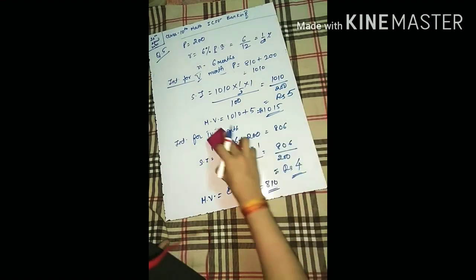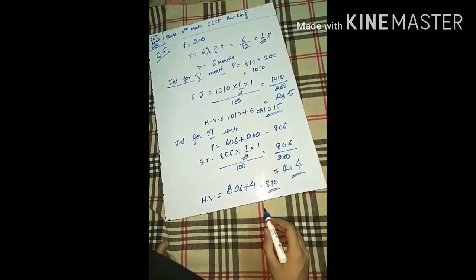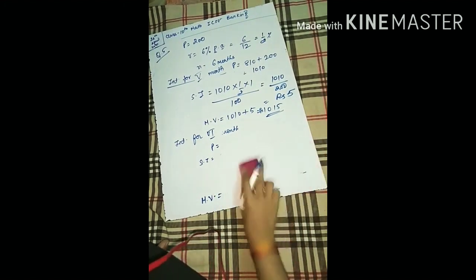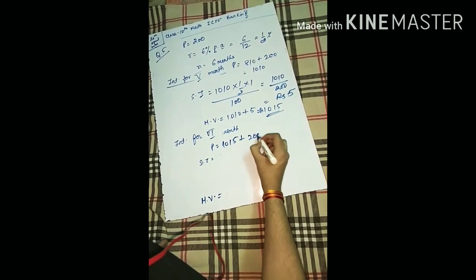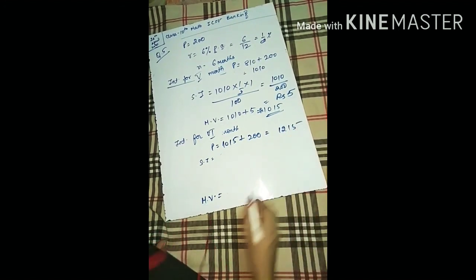Okay, now the last, sixth month. Let us calculate for the sixth month. What will be P? P will be this amount plus 200. Okay, this will give you 1215 rupees.